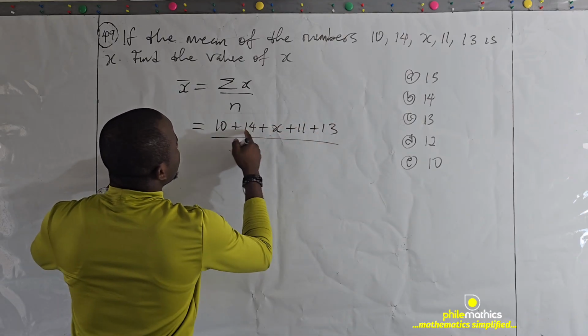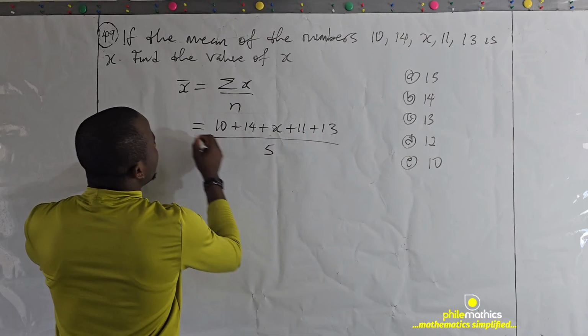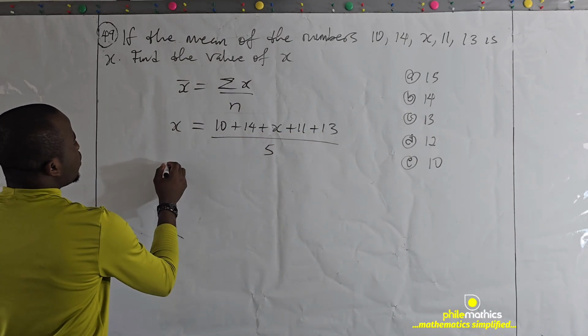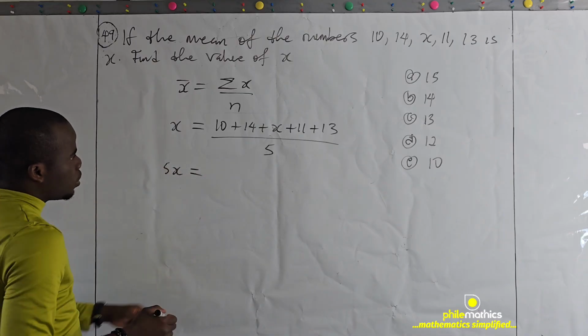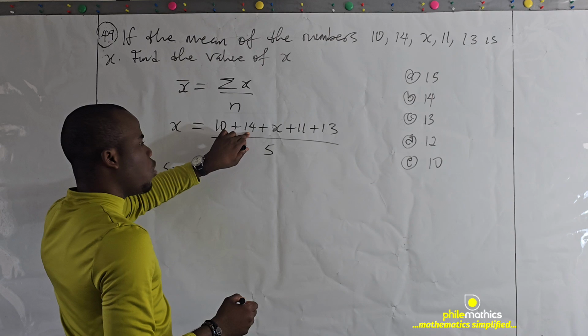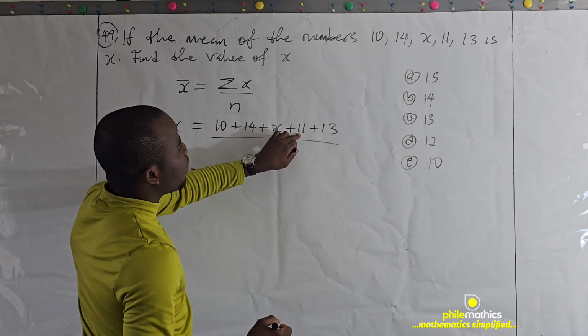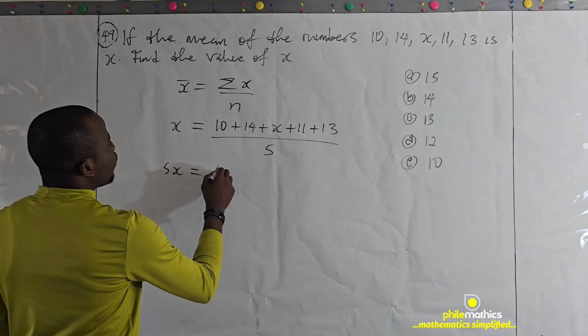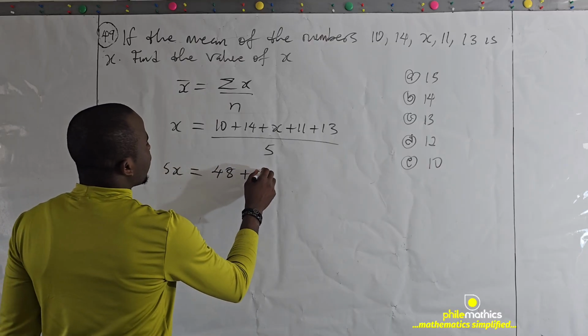They are 5: 1, 2, 3, 4, 5, over 5. We are told that it is x. So cross multiply. This is 5x equals 10 plus 14 is 24, plus 11 is 35, plus 13 is 48. So we have 48 plus x.